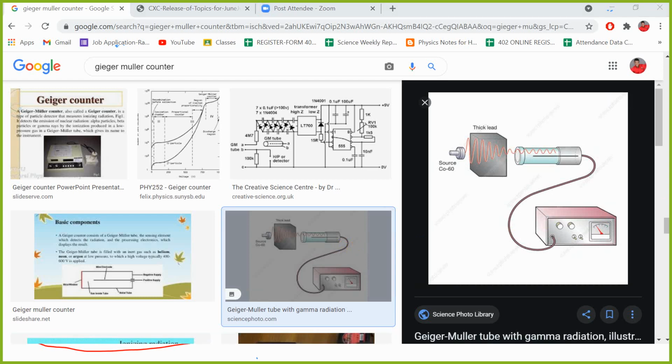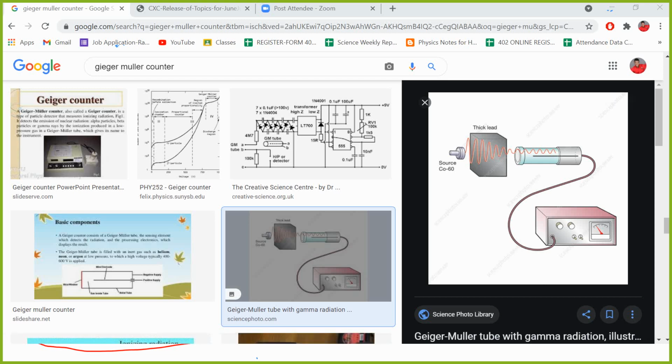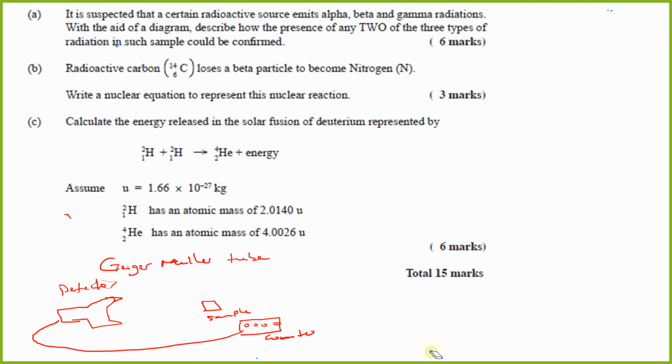Yes, sir. So this would be the easiest setup of this experiment, right? So this is one way. There are other ways that I'm going to ask you to revise when you're looking over the thing. There's also another thing we call a cloud chamber. You could use a cloud chamber to identify alpha particles and so on, right?